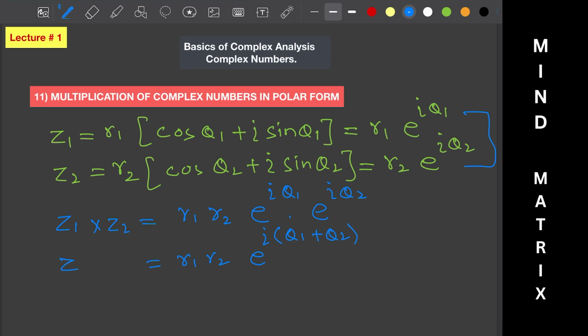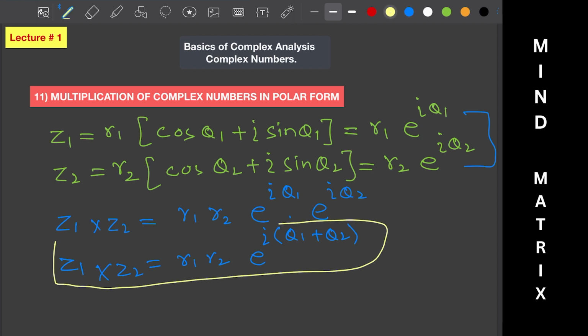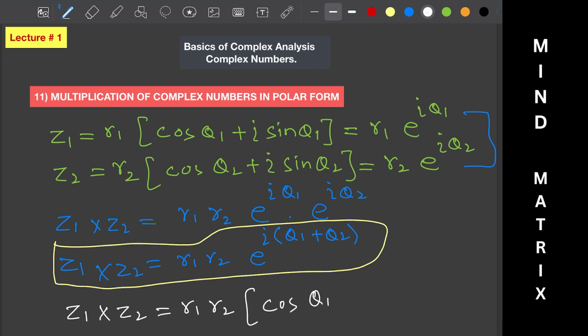So z1 cross z2 equals this. Now convert this number again into polar form, and we will have the result z1 cross z2 equals r1 r2 cos of theta 1 plus theta 2 plus iota sin of theta 1 plus theta 2. This is the required result.